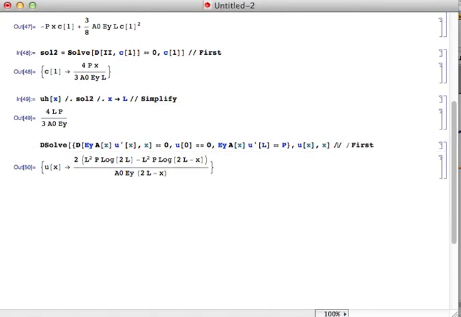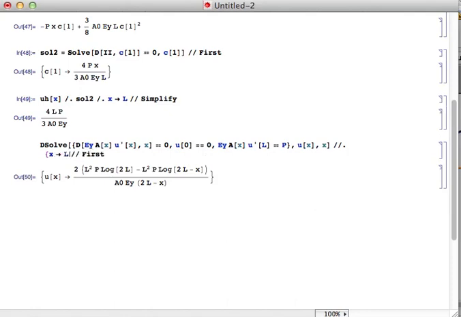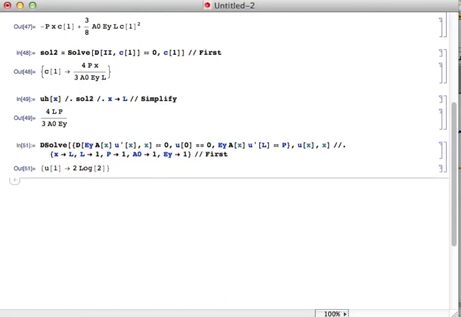So I can plug in numbers. First thing I'm going to say, I'm going to evaluate x at L, and I'm just going to plug in ones for everything. So L equal to 1, P equal to 1. What else is in there? A0 equal to 1, E equal to 1. And we need to evaluate that numerically.